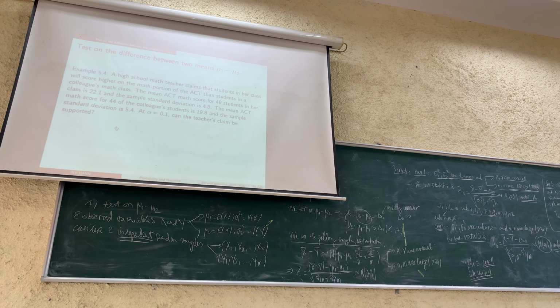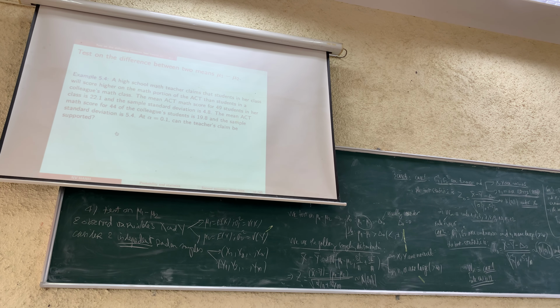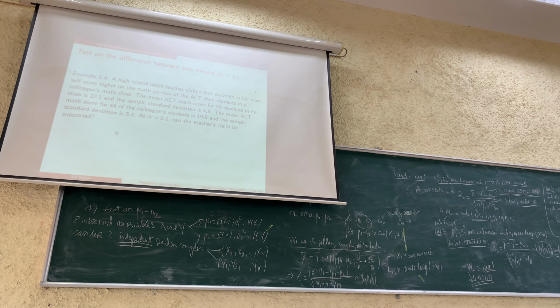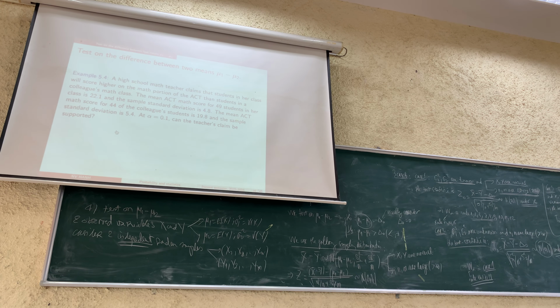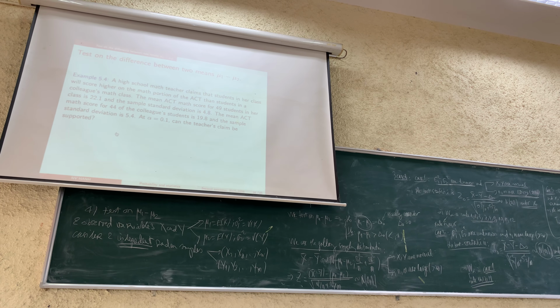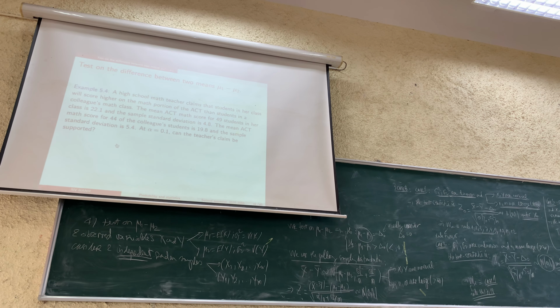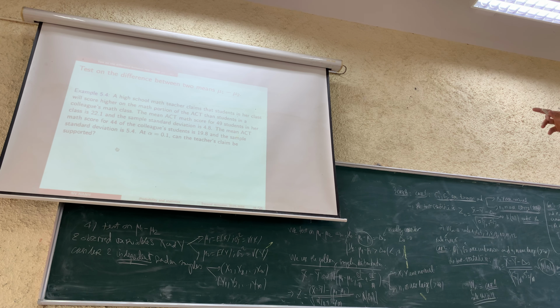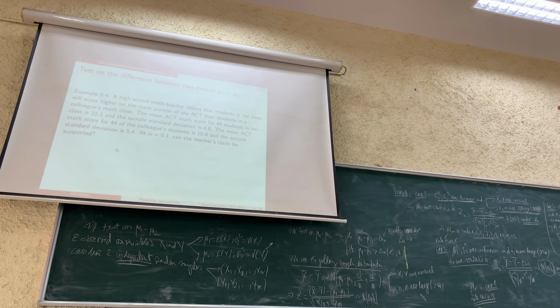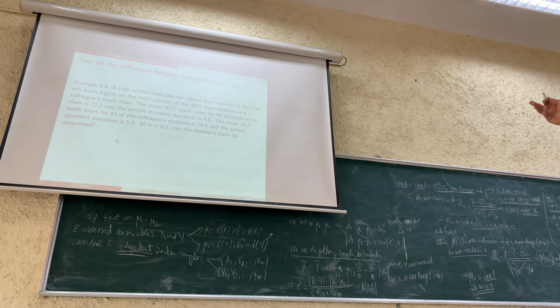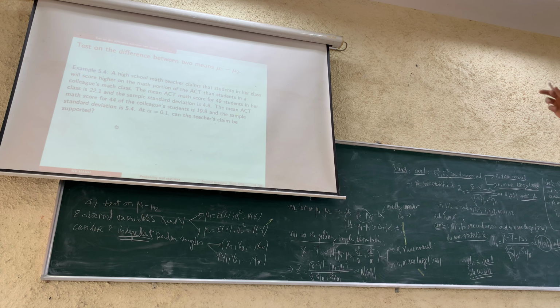In fact, the teacher claims that her students are more intelligent than college students because from the sample, the mean ACT score of students in her class is 22.1, greater than the mean ACT score of 44 students in her college class, 19.8.